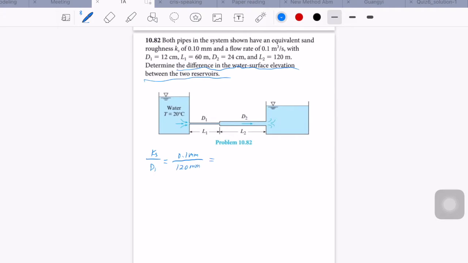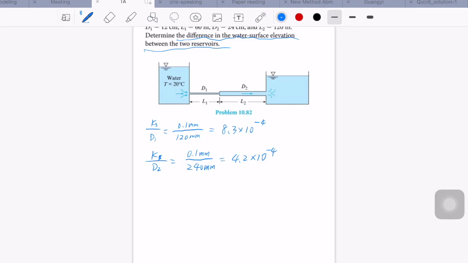So its value is 8.3 times 10 to the power of -4. For the pipe 2, the Ks divided by the D2 should be equal to 0.1 millimeter divided by 240 millimeter. So its value is 4.2 times 10 to the power of -4.